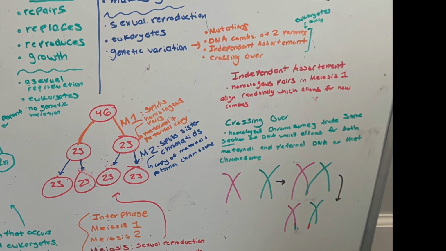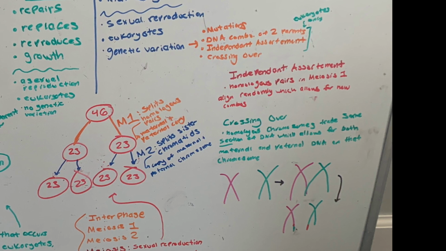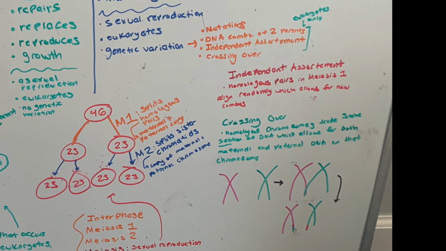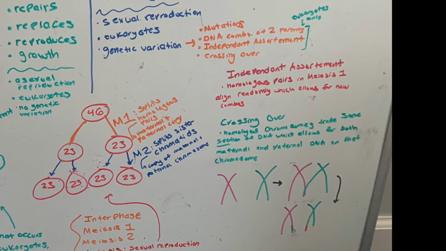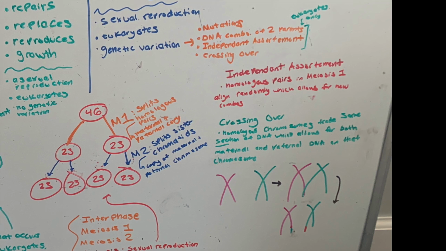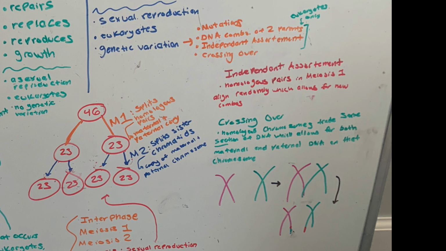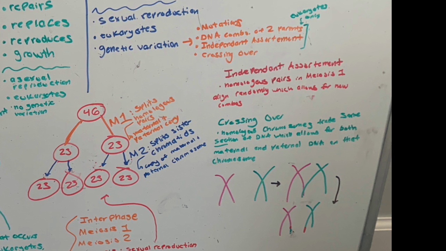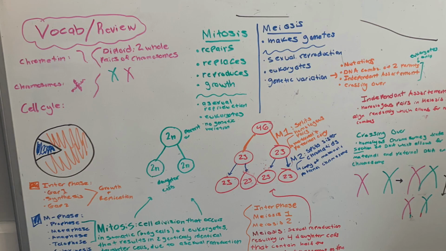So it is that exchange of chromosomes in that same section of DNA. And then meiosis 2 is when the sister chromatids split, so that copy of maternal and paternal chromosomes split. So again, that's what happens during meiosis 2. And independent assortment and crossing over are ways that the offspring can be genetically different.